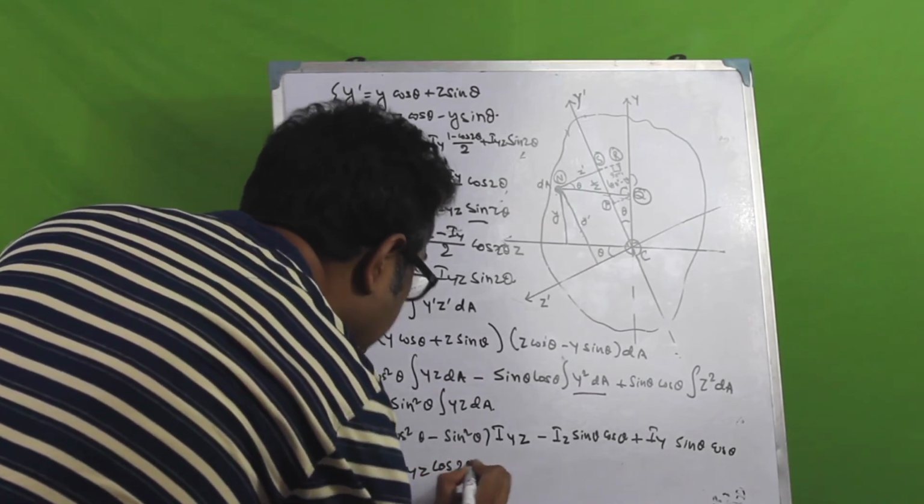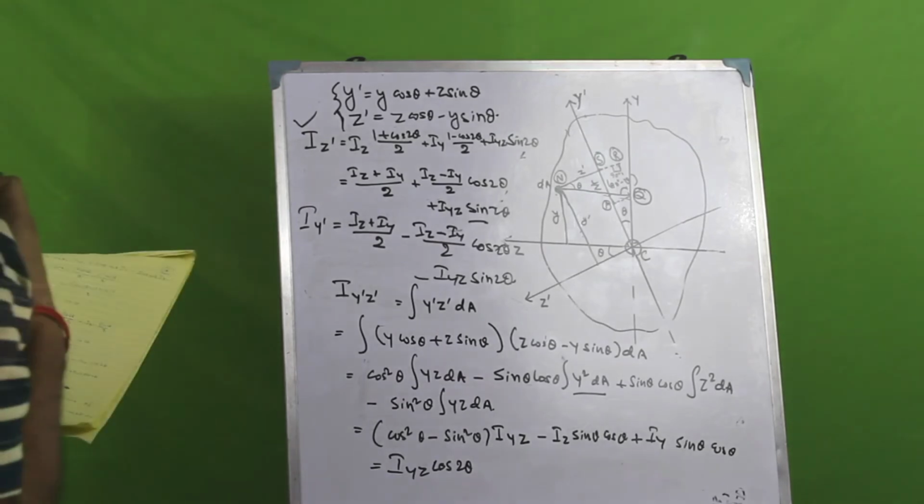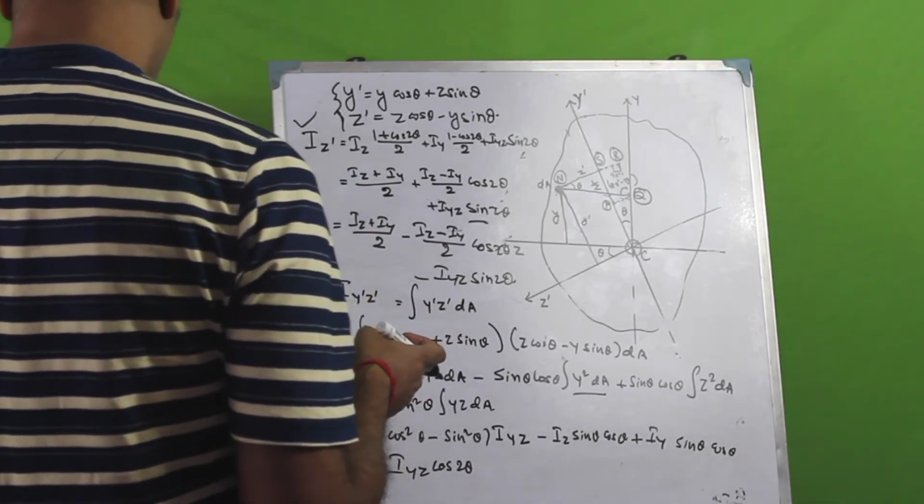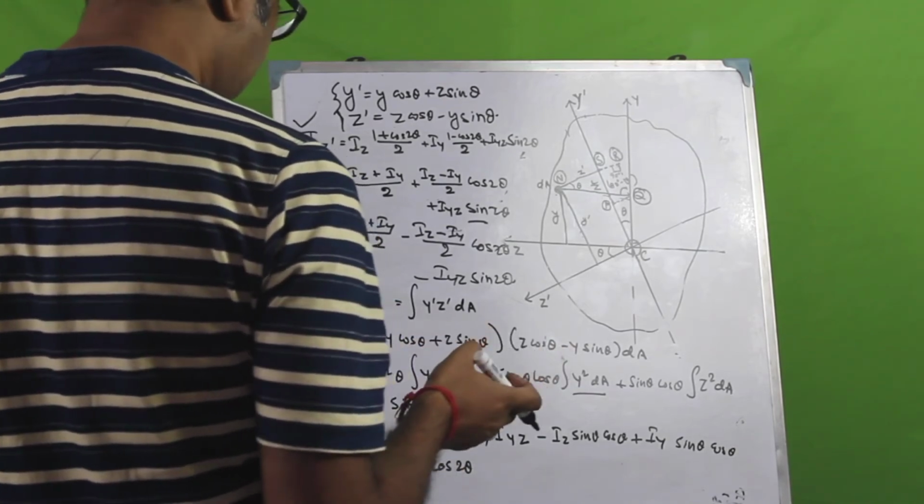cos 2 theta, and then if we take the value of Iz minus Iy, right?